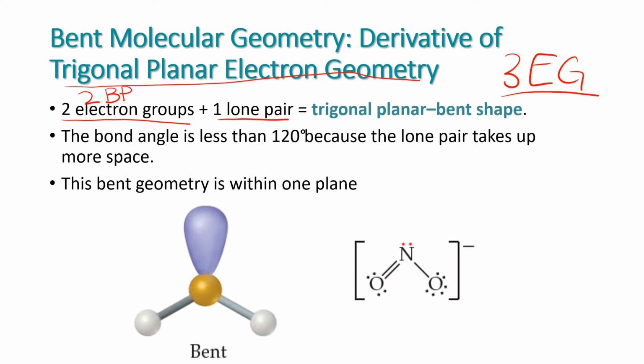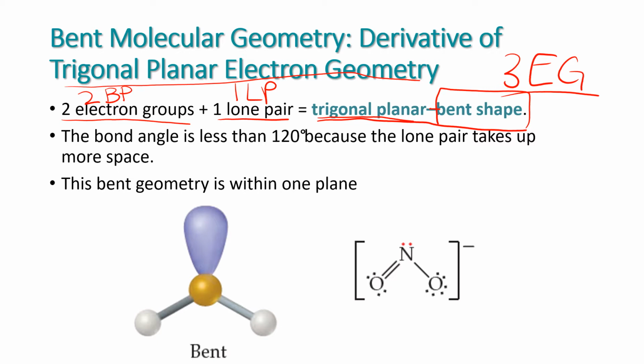So 2 bonding pairs and 1 lone pair. Whenever you have this combination, you will get a trigonal planar bent shape. We're going to have another bent shape coming up, but this one specifically is trigonal planar dash bent because they're a little bit different. The bond angle is what is mostly different.